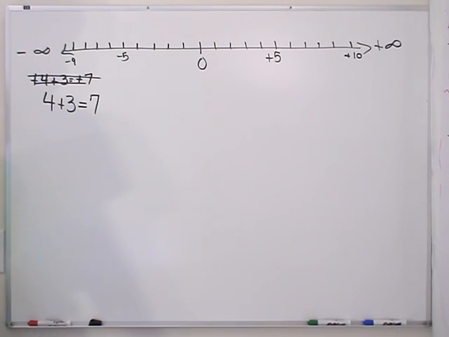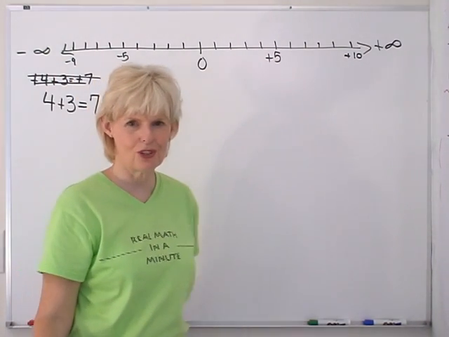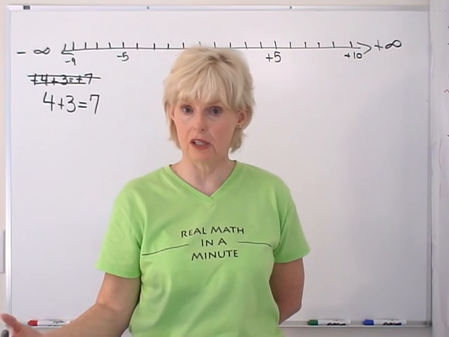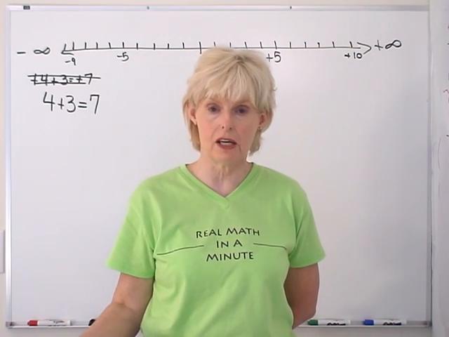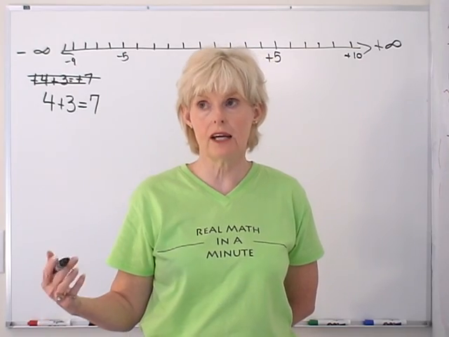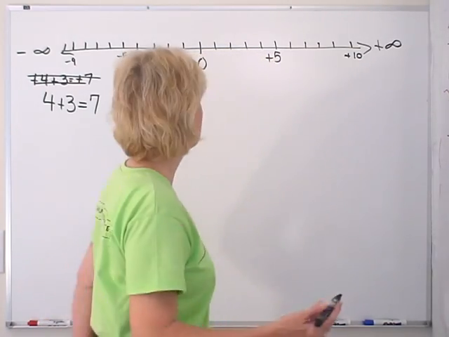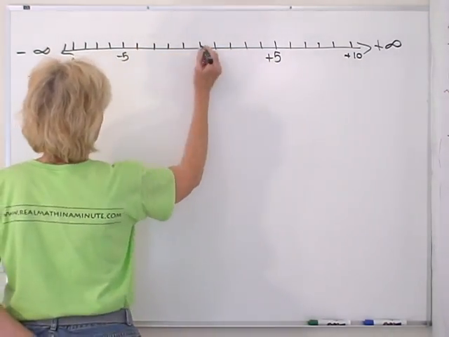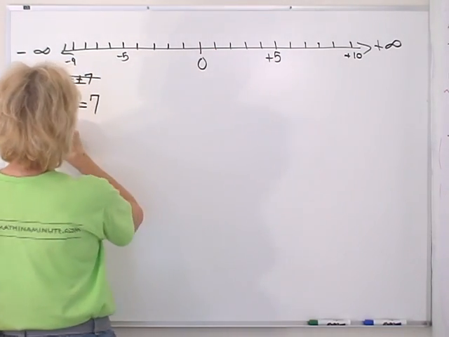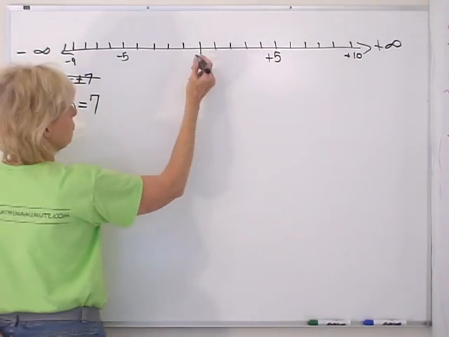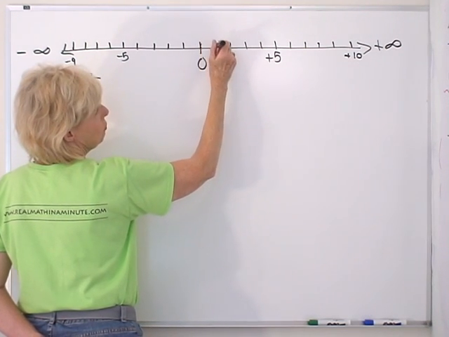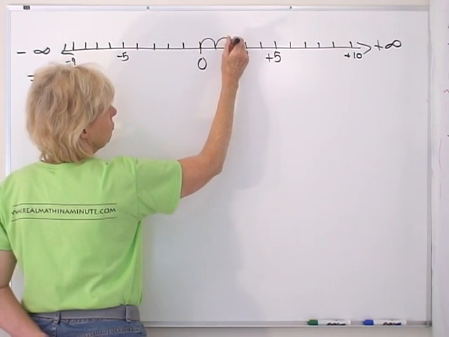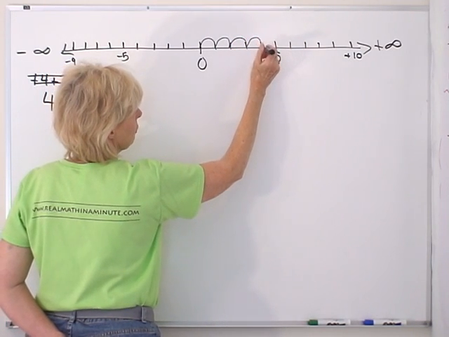which gives you positive 7. Okay, but I told you I was going to show you two ways, and the first one is the number line. So let's figure out how we would add 4 and 3 if we had to do it with a number line. We'd start at 0, and we go 1, 2, 3, 4. And there we are.